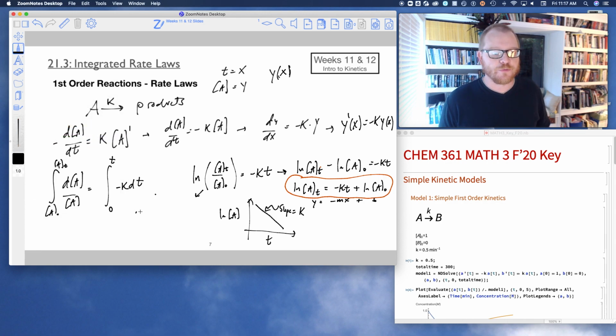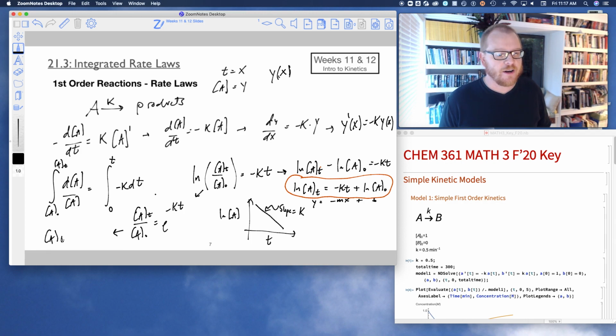And now the form that I like to use more than the linear form, so if I take e of both sides, then I just simply get A_t over A0 equals e to the negative kt. Okay? And what I really like about this equation here, man, I'm getting sloppy with my work. Sorry, folks.